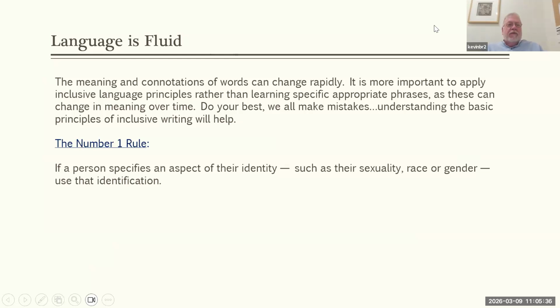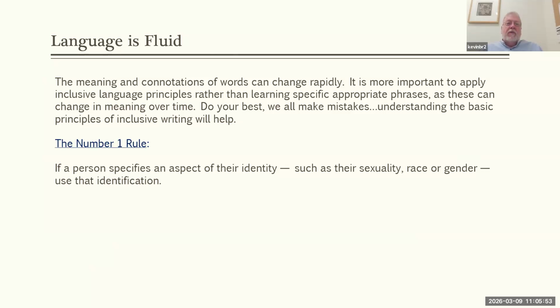Language, of course, is fluid, as we all know. The meaning and connotations of words can change rapidly. Descriptive terms, words used to describe persons and people, have indeed changed rapidly.